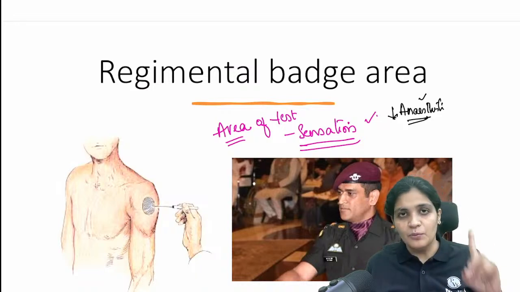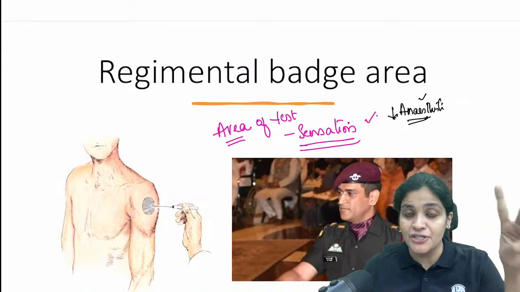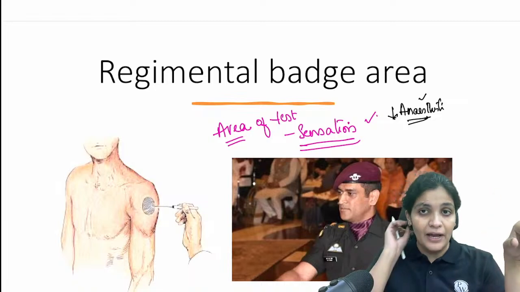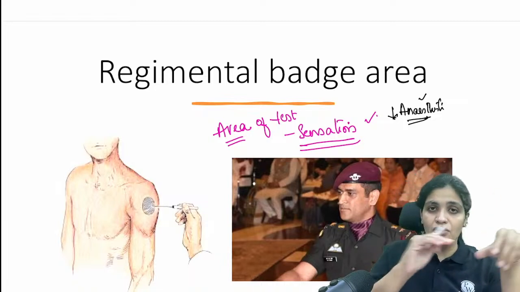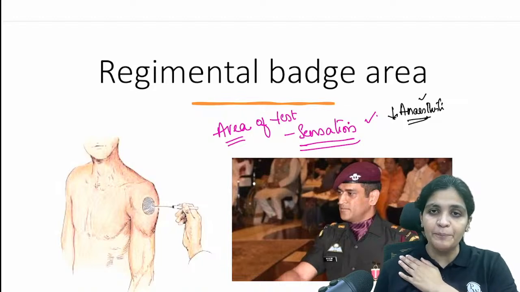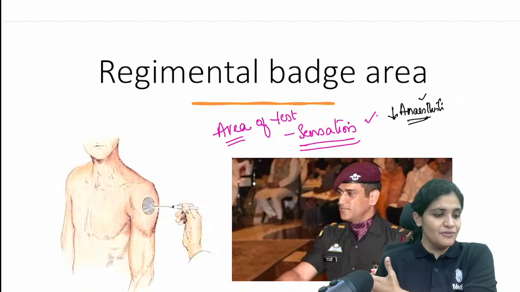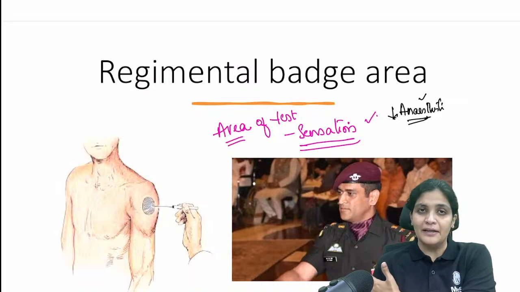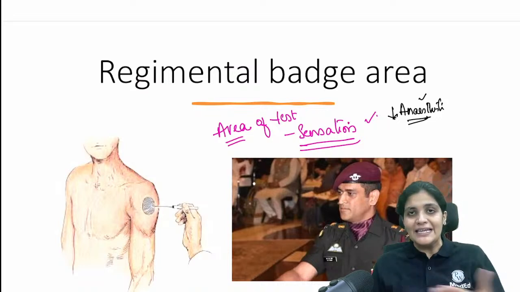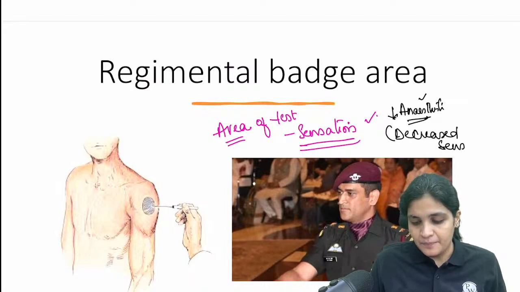So axillary nerve, you will remember, it is for the deltoid, right? And deltoid is for abduction. So there will be loss of abduction, and then there will be loss of that shoulder curve. So you will find something like drooping of the shoulder, and then this particular curve is lost. And then when you test the sensations over this regimental badge area, it will be decreased. So there will be decreased sensation, right?